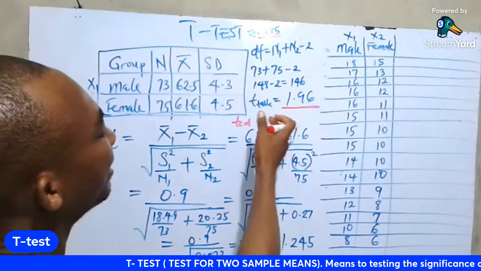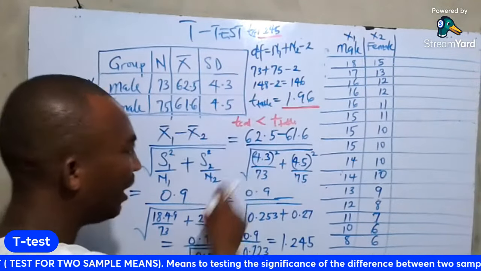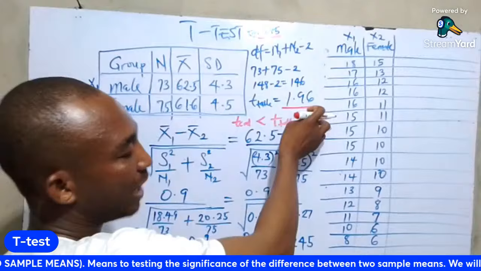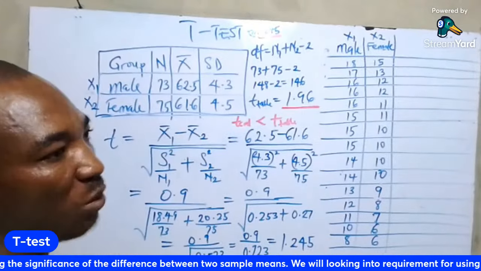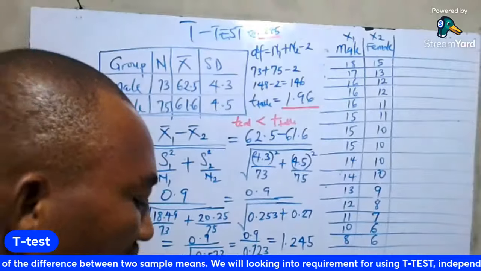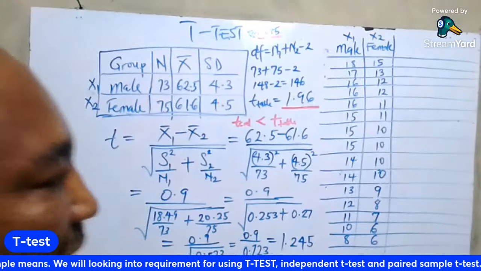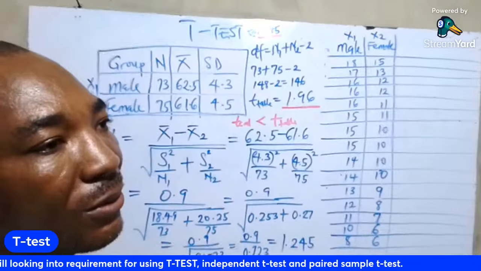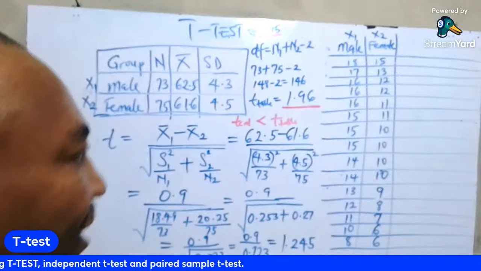So since what you calculated is lesser than what we check on the table, therefore you take the null hypothesis, which says there is no significant difference in the performance of the male and the female. You have just run that test.